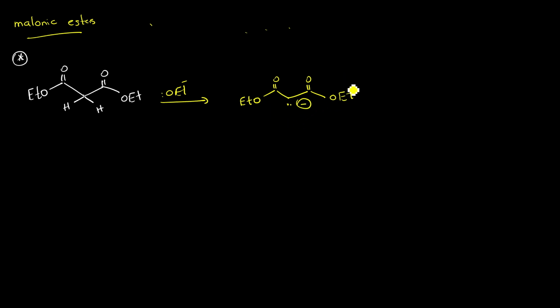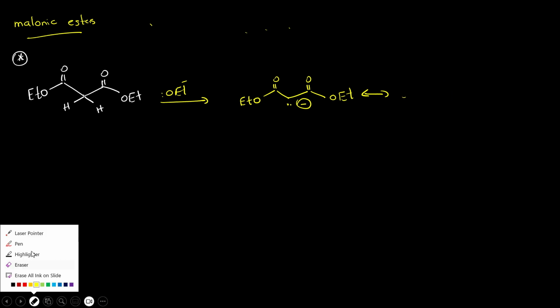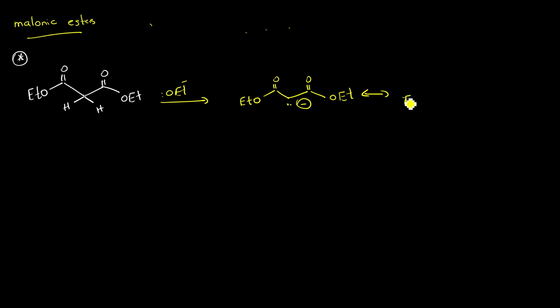Let's say you have a... let's do this compound also. Sorry, you know that this compound has resonance structures, right? Let me draw the resonance structures too. Here we have the OEt, and this double bond can move to here to form the double bond, and this bond can break to form a lone pair.